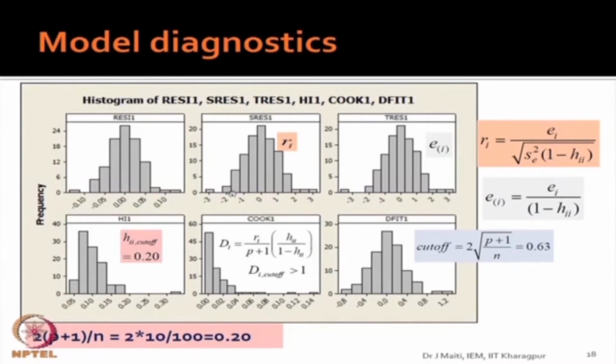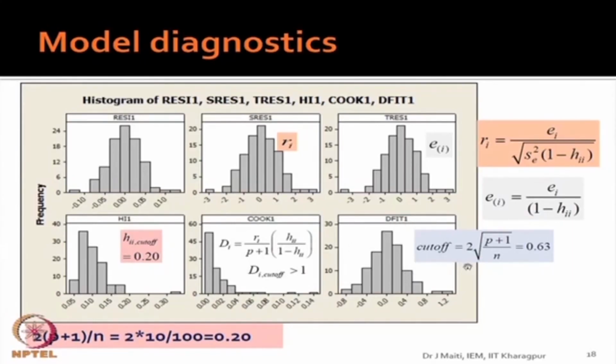One is your standardized residuals, second is your studentized residuals, third is your deleted residuals, then there is your hii, the diagonal elements of the hat matrix, which are basically leverage points, then there is Cook's distance, there is DFFITS.